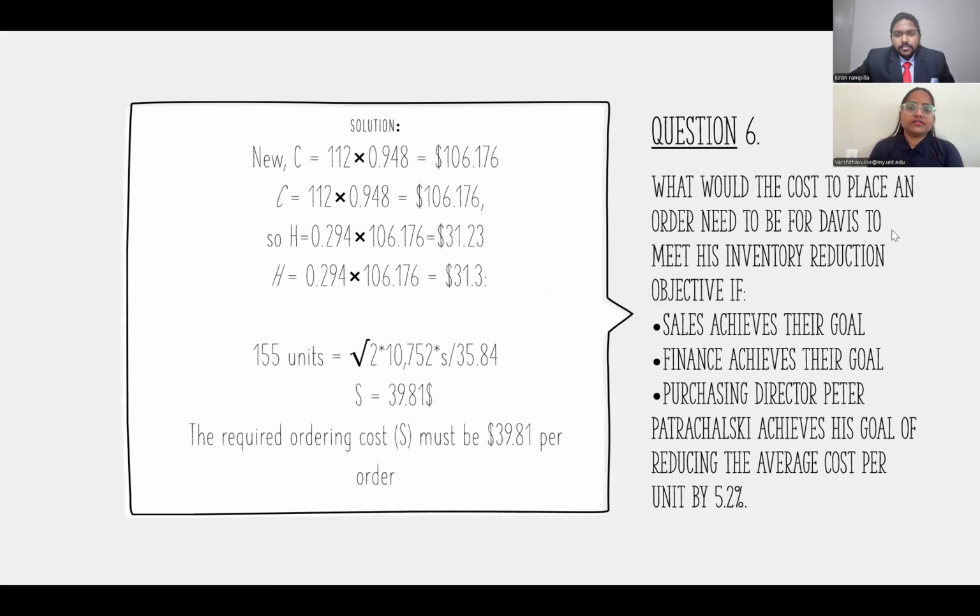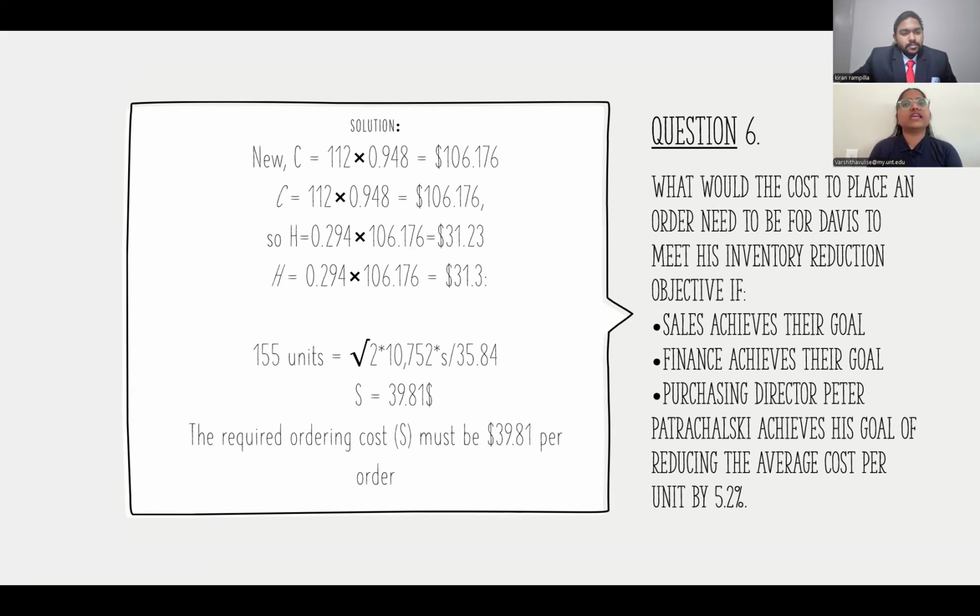Now in question 6, in addition to question 5, we have one more objective for Peter to meet: reducing the average cost per unit by 5.2%. In the solution, the new carrying cost would be $106.176. From this, the derived holding cost is $31.23.